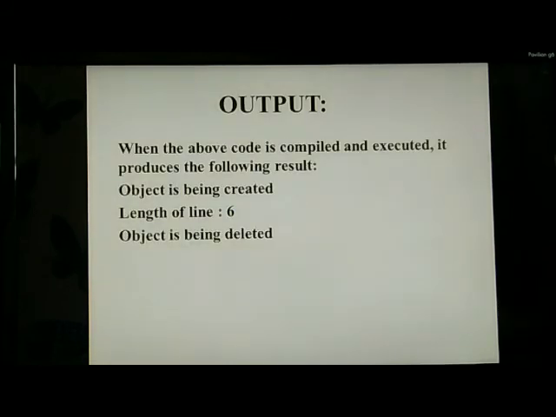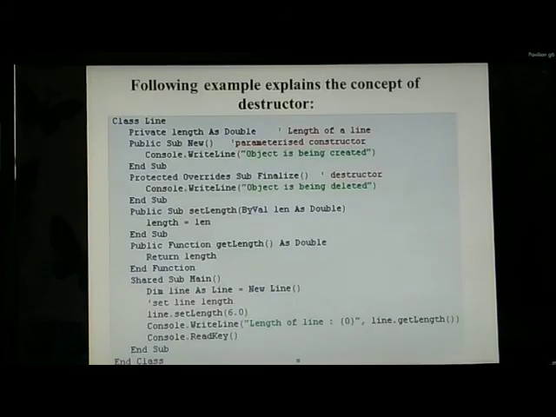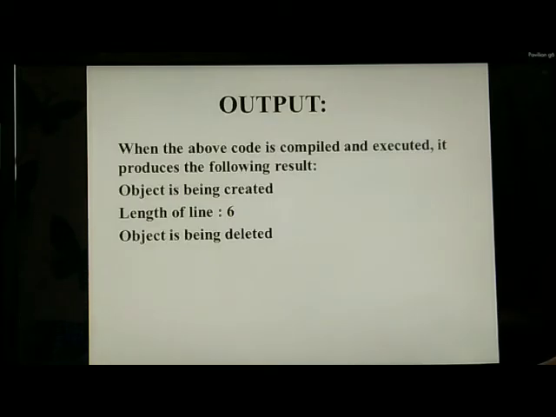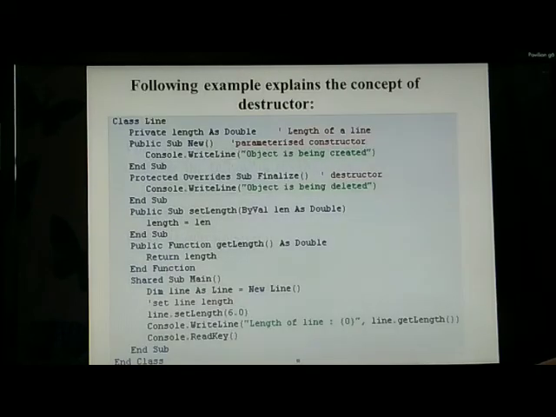Then length of line 6, the statement printed after the function has passed the value, and the last method to be executed is the destructor, that is Object is being deleted. That is the statement which we have declared in the destructor.